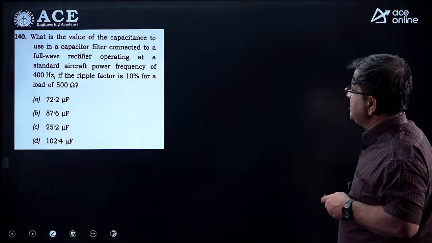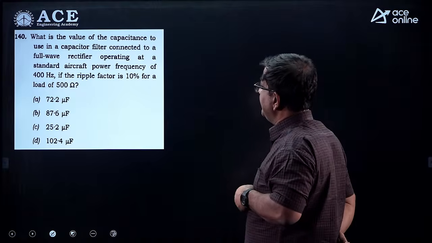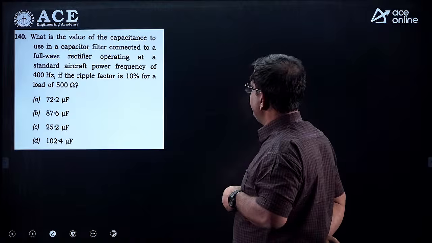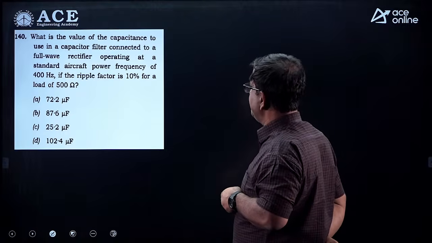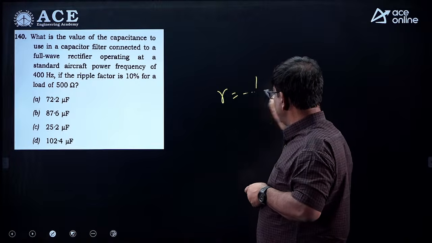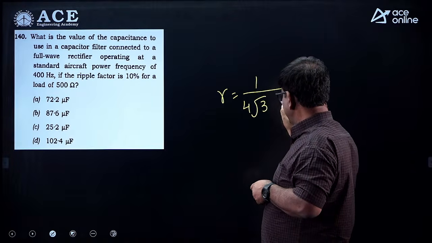The value of capacitance used in a capacitor filter connected to a full wave rectifier of standard aircraft power supply, 400 hertz, ripple factor. This is again a standard formula. The ripple factor r is given by 1 by 4 root 3 f C RL.